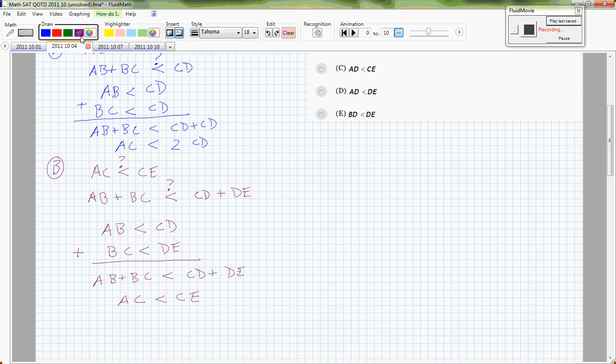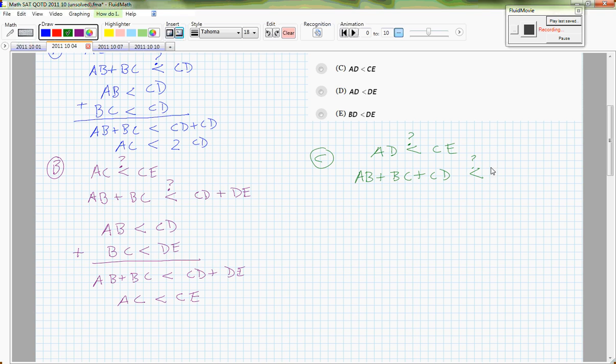Let's just be double sure. Let's look at choice C. And we'll use some of these facts we've already learned. Is AD less than CE? Well, AD is AB plus BC plus CD.